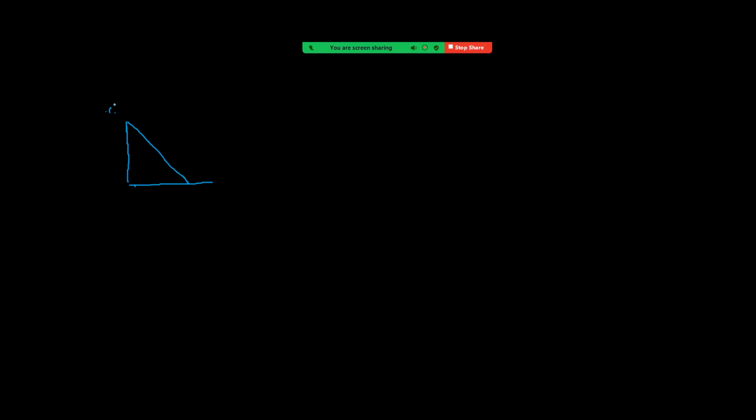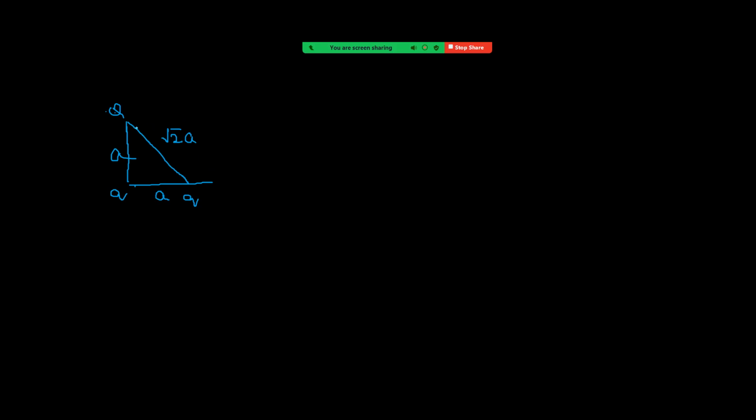Given this is Q, small q and small q, distance is a. Since it is isosceles, this is also a, and this is root 2a. The condition is that for this configuration, potential energy is 0.